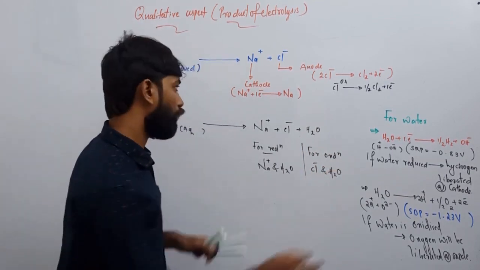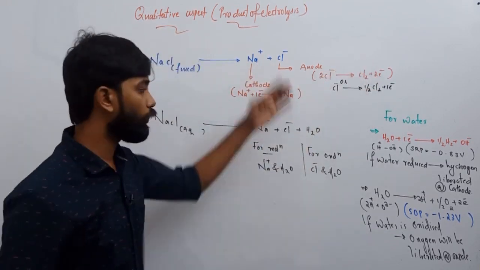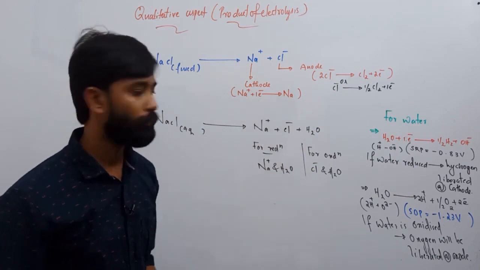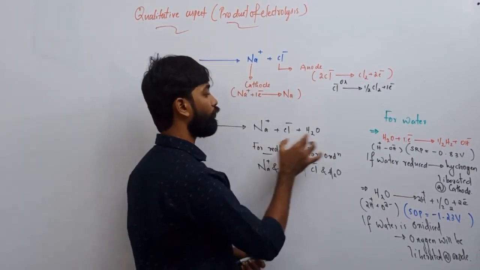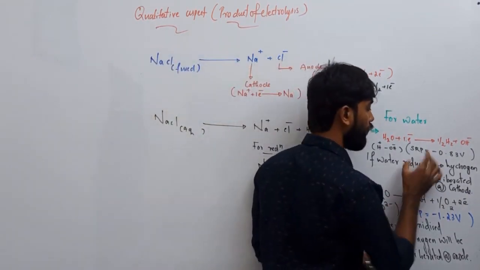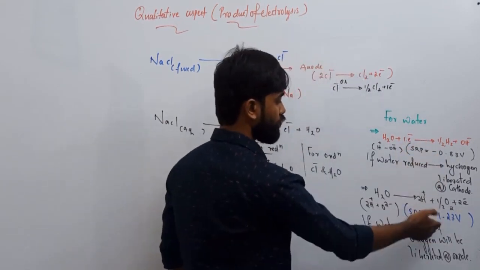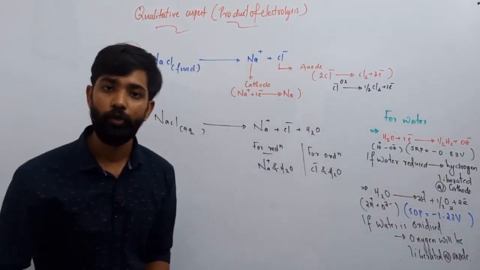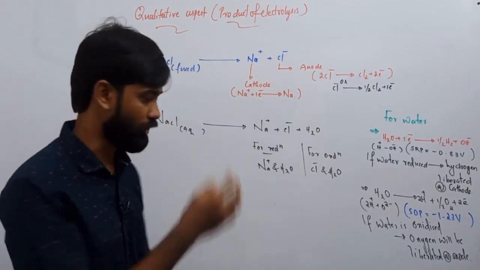We all know that Na+ can reduce and Cl- can oxidize by looking at the first example, right? And moreover, now we have water also, and it is clear that water can reduce or water can oxidize. That depends on the condition, or the potential offered by the cell, or offered by the system.